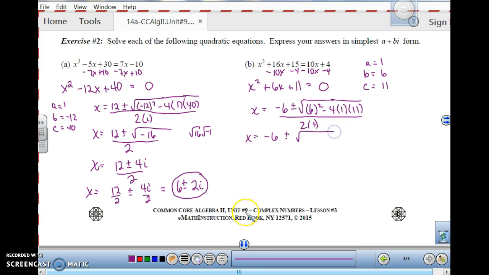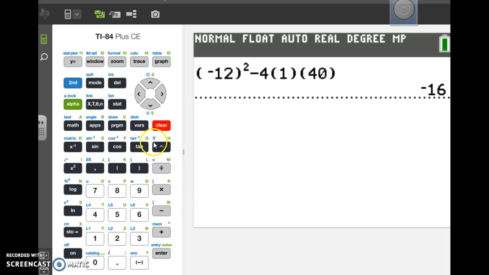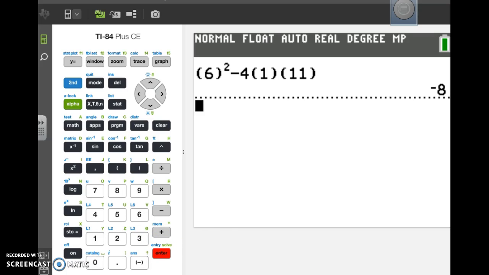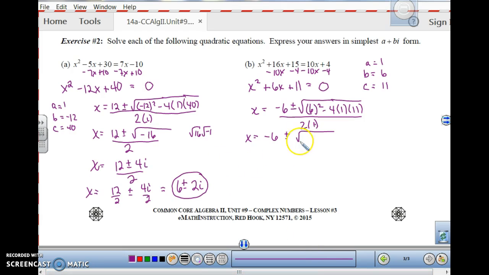I'm going to get my calculator out. 6 squared minus 4 times 1 times 11. All right, and that gives me negative 8. So negative 6 plus or minus the square root of negative 8 over 2.